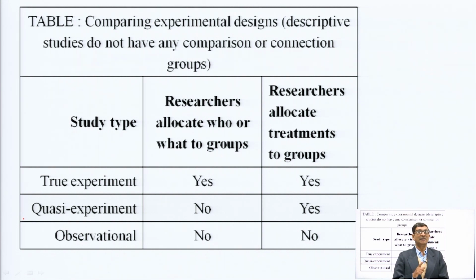Be remember, in a quasi experiment the researcher allocates treatments to groups, but does not allocate who or what to groups. And in an observational study, the researcher does not allocate who or what to groups and does not allocate treatment to groups. So, this is the main three differences.